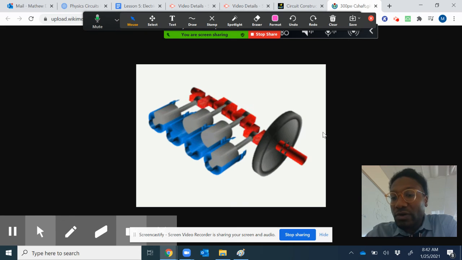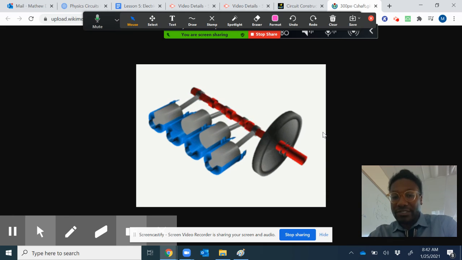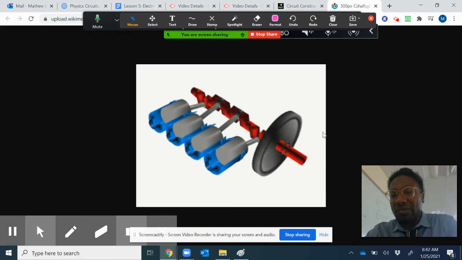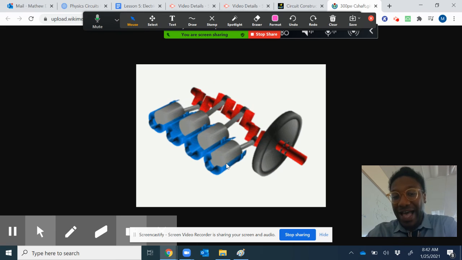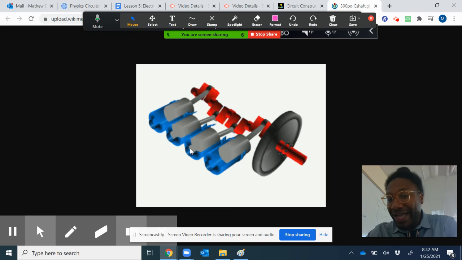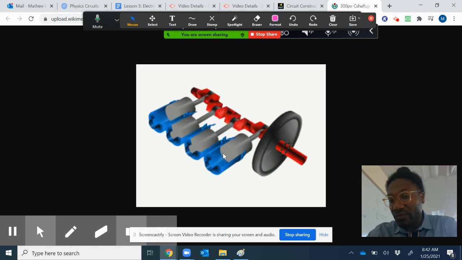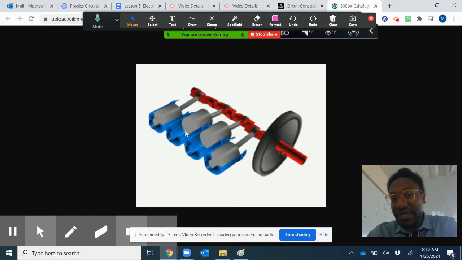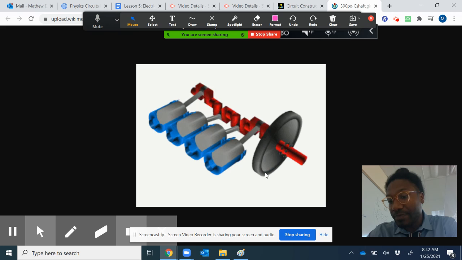You might have also heard of power or watts when you're talking about cars. I don't know if you've heard of the term horsepower. Well, horsepower relates to how quickly these pistons move, and as these pistons move, they also move this wheel.